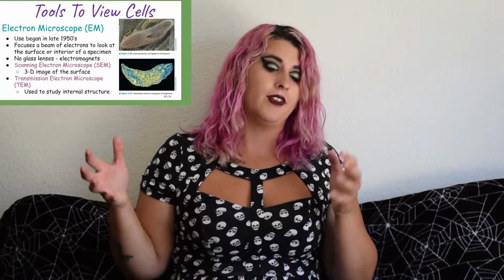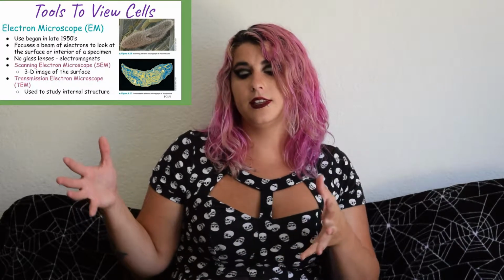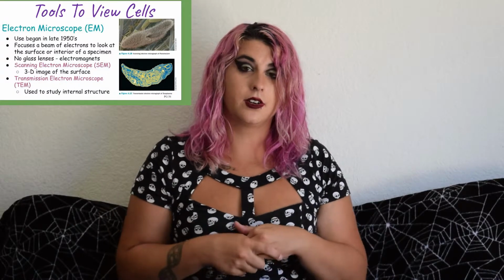Now, in a very basic biology classroom, you're not going to have access to electron microscopes, and truthfully, I've never seen one in person. But in textbooks, you will often see these very close up and interesting images like we have here in the slide, showing very detailed looks at the surface and interior of these specimens.